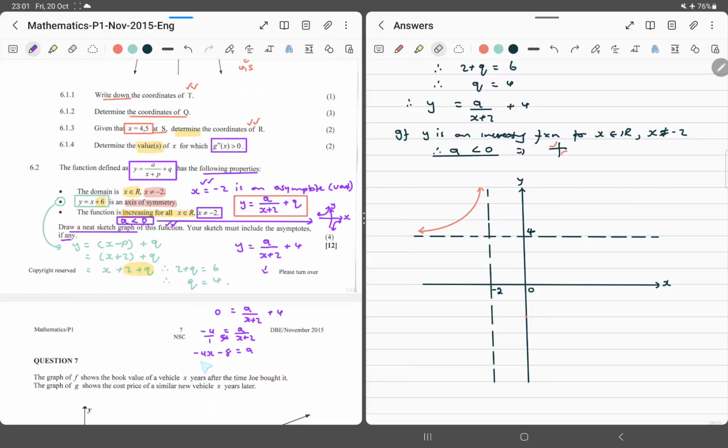Now we've got a situation here where we have minus 4x is equal to a plus 8. But remember, a is a negative number, so we don't know the size of a. So this is a negative number against a positive number whose value we cannot determine for sure.